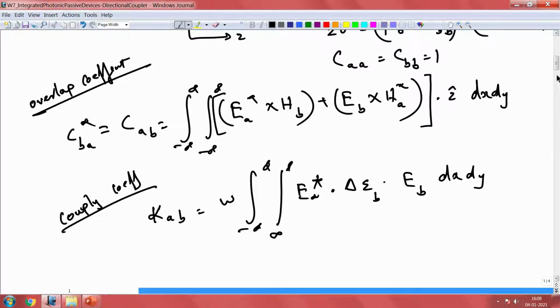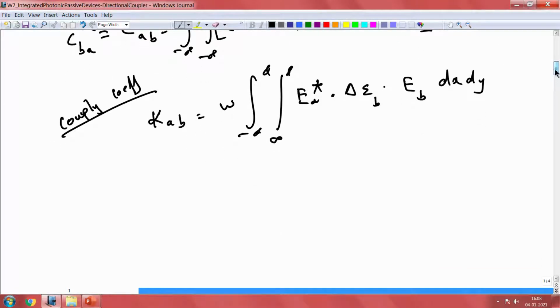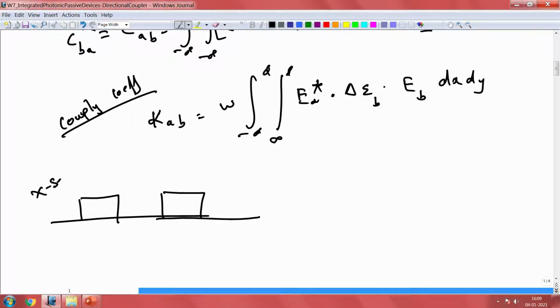So, let us look at a few scenarios here. Again recall, we are just recalling from what we have seen earlier. Let us look at the symmetric directional coupler. There is a directional coupler where we have 2 waveguides, this is the cross section, of equal width.